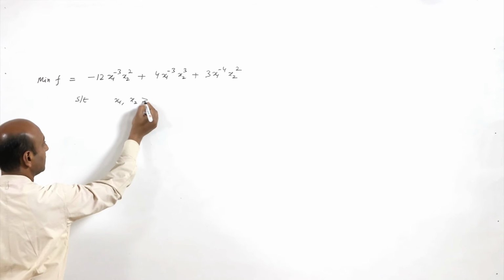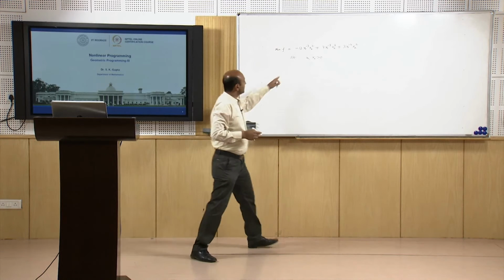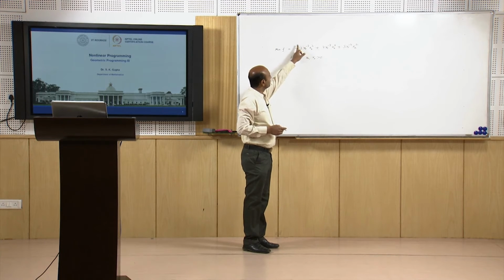So it is unconstrained optimization, okay, and the first term is having negative coefficient.